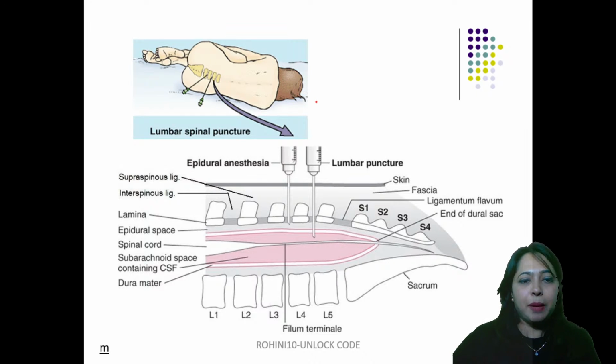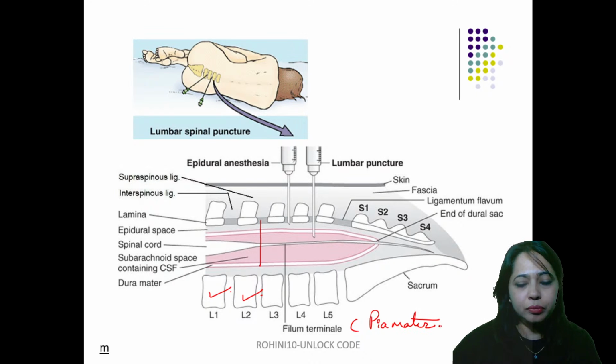This is the lumbar spinal puncture, and here you can see the spinal cord ends at the level of L2 or L1, and then here you can see the filum terminale. Filum terminale is nothing but the innermost covering, that is pia mater, and you can also see the coverings around the body of the vertebra and the lamina.